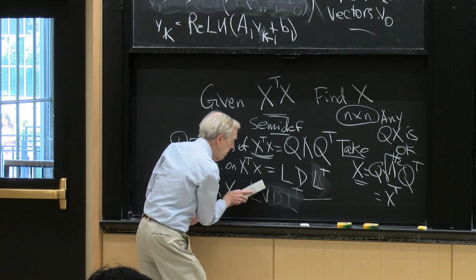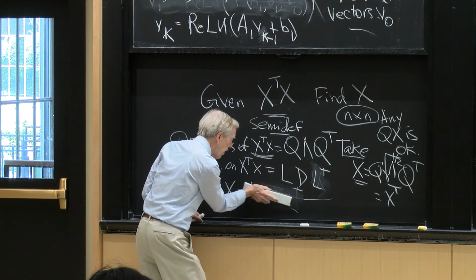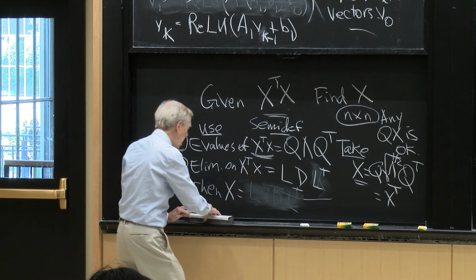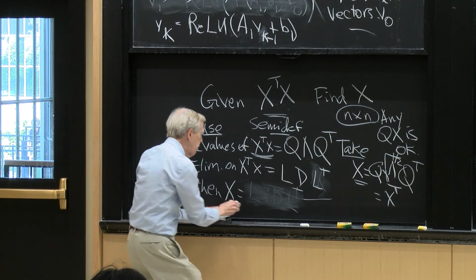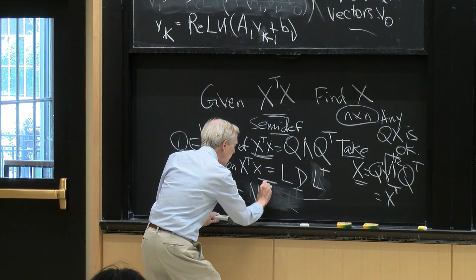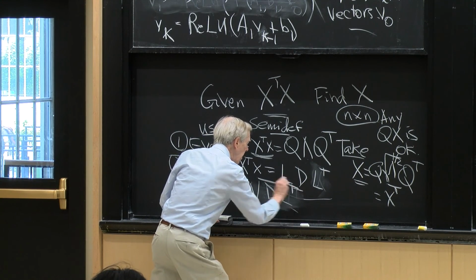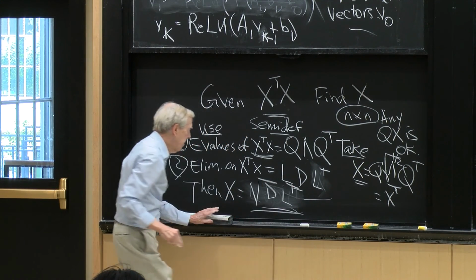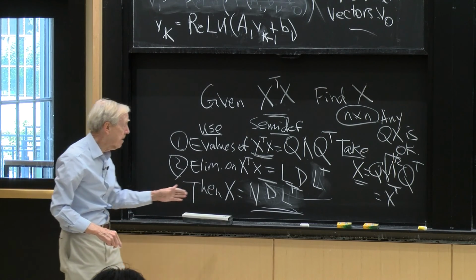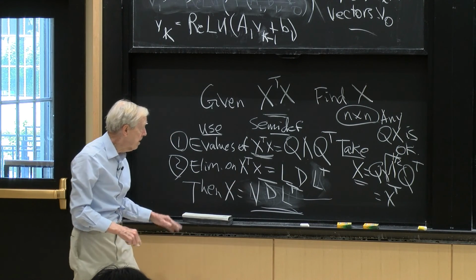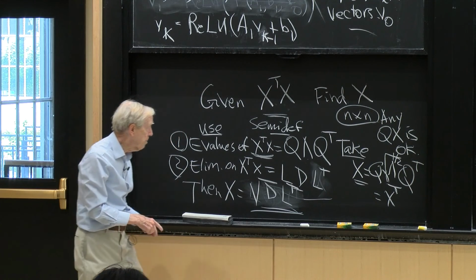Sorry, let's get that totally erased. The X part should just be the square root of D L transpose. The X is now a triangular matrix: the square root of the pivots and the L transpose part.